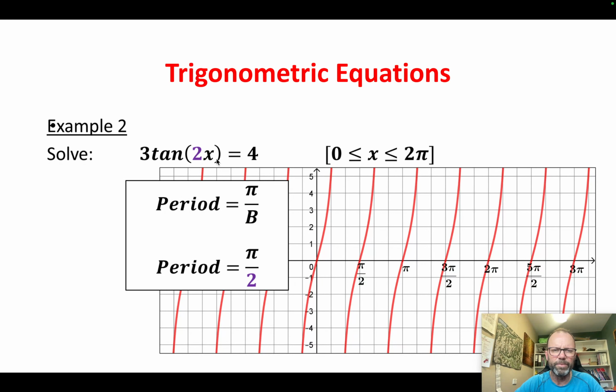Where's the period? The period is 2. Don't forget, period is 2 pi over b. That should be at 2 pi in there.